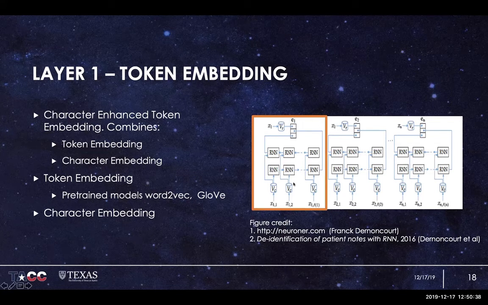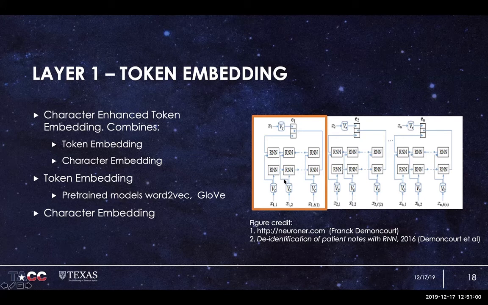Then they try to create a unified representation of this token. The idea of combining the character embedding and the token embedding is that if the token itself is not an English word, let's say it could be a gene name like PRF1, that's not found in the English dictionary, they have some vector representation of that as well.